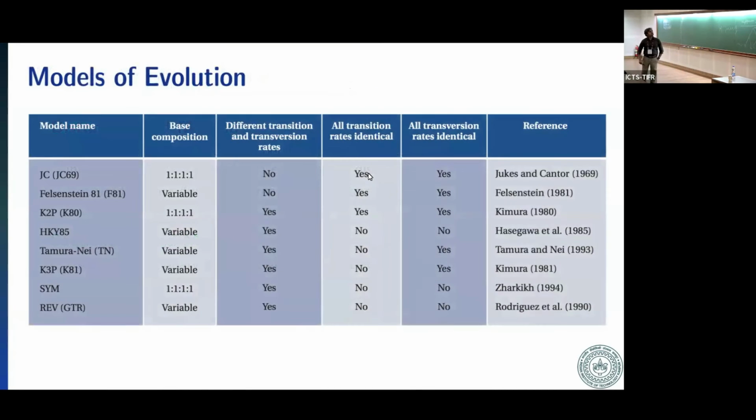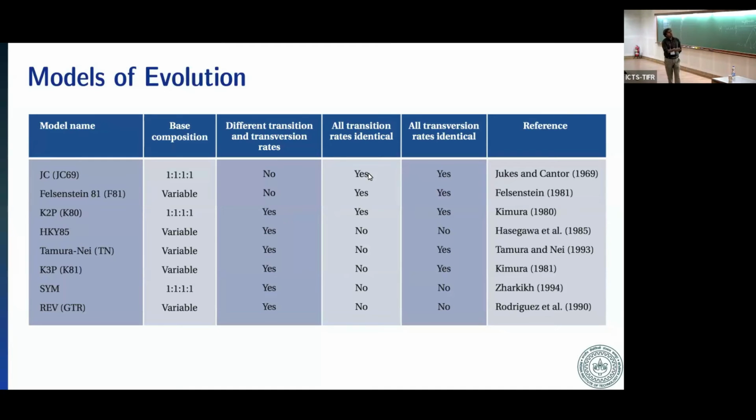Just to give you some examples of models of evolution, I'll start with the very simplest model, which is known as Jukes-Cantor, from 1969. It says that the base composition of DNA is the same for the 4 different nucleotides, present in a 1:1:1:1 ratio.